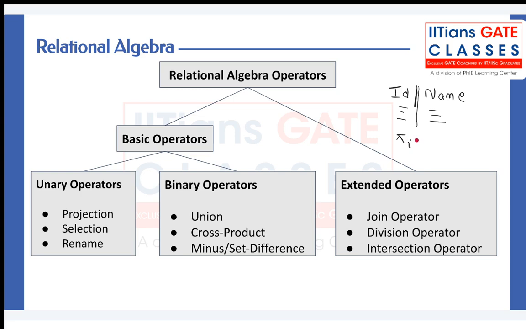Let's say the name of this table is R. So pi ID R. What does this do? It selects the column ID, or the attribute ID. Whatever attributes I specify here, it will select those. And what is pi? Pi is the projection operator. So this is what projection is.